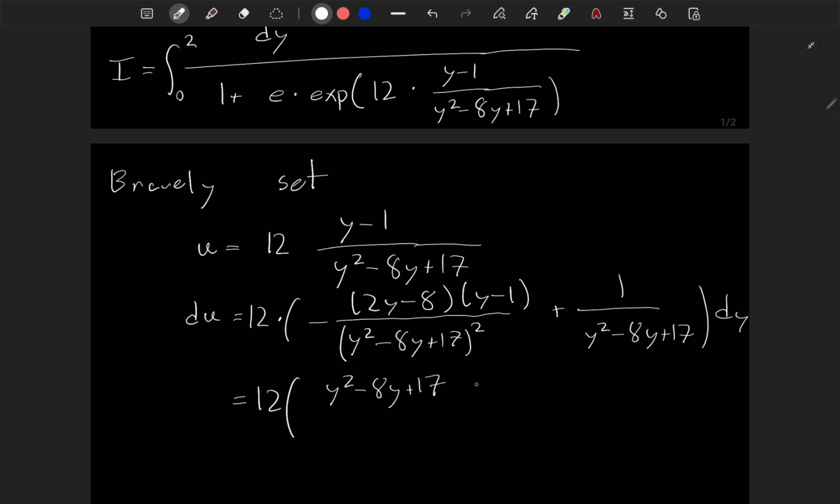Let's put it all in the numerator, single fraction.